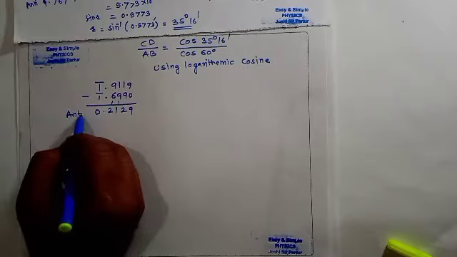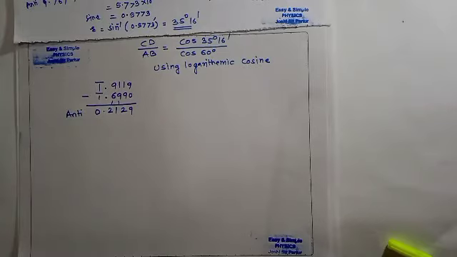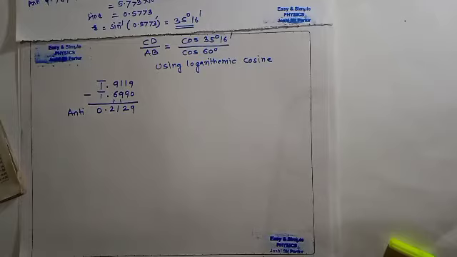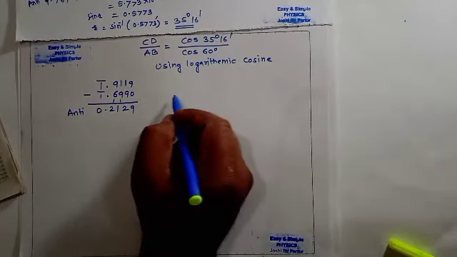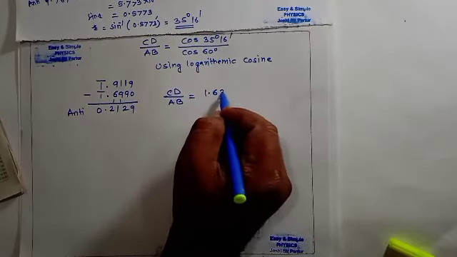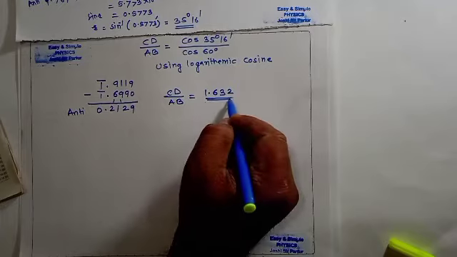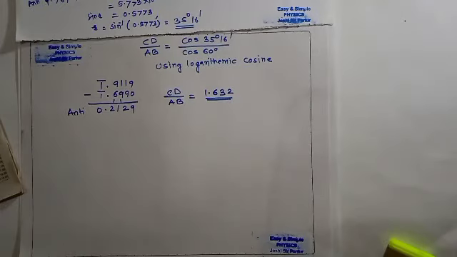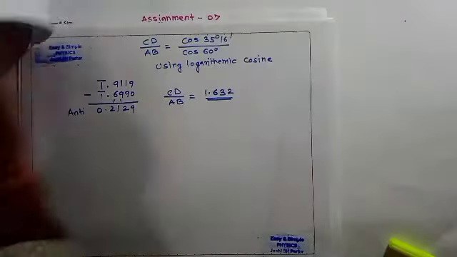So if we take its antilog, antilog of 0.2121, and the mean difference 9, so here 0.2121 will be 1629, and in 9 it will be 3, means 1632. So CD upon AB will be 1.632. That is the ratio of width of the beam in glass to the width of beam in air. That will be the answer for the given question.